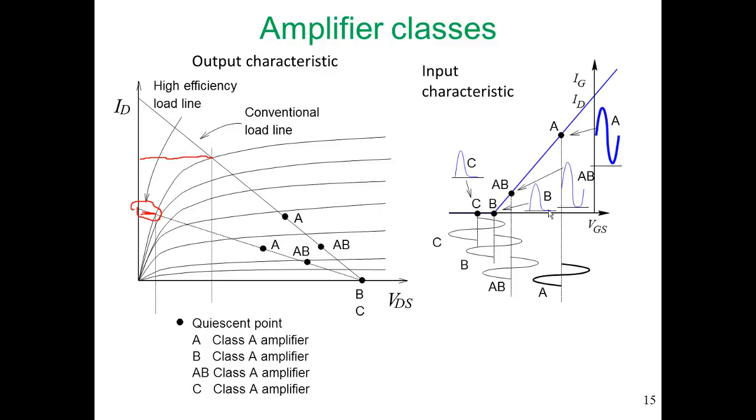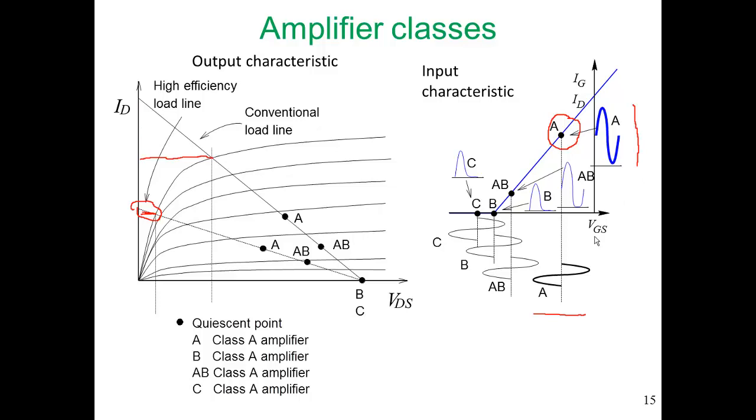Now if we look at the input characteristics, sometimes that's an easier thing to look at to see what is going on. This is our Class A amplifier. This is the input waveform. The gate source waveform is a sinusoid, and at the output we will have a sinusoid as well.